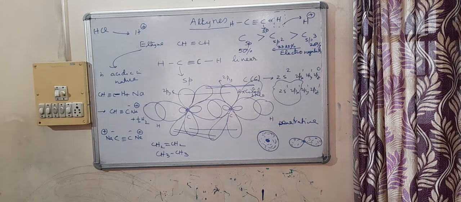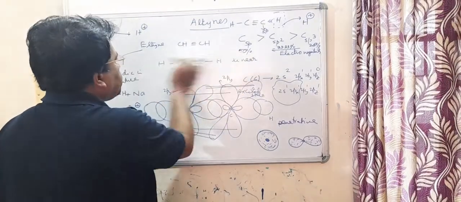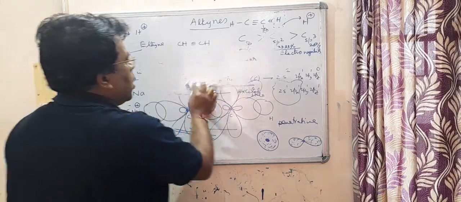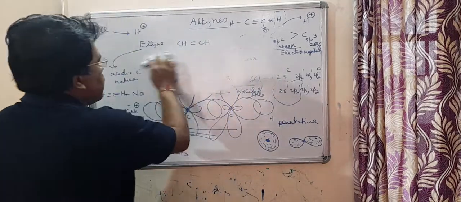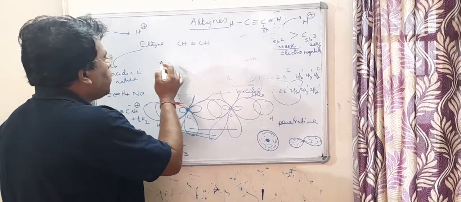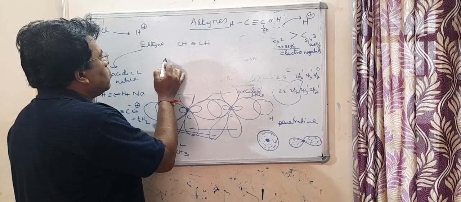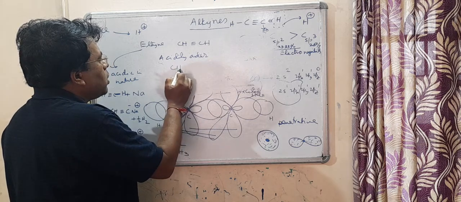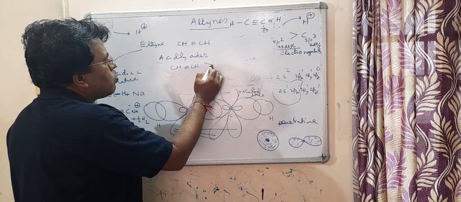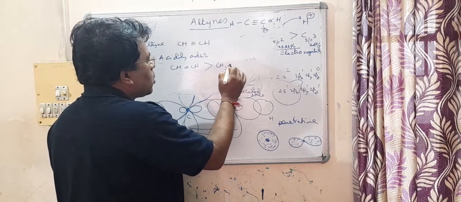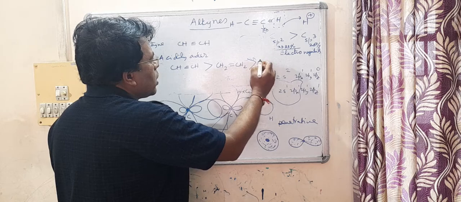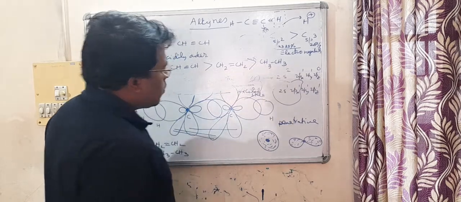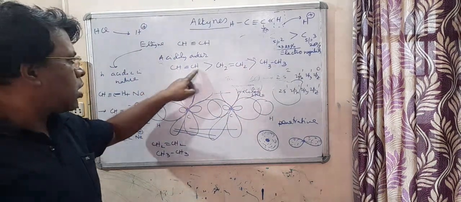So we can write one acidity order: ethyne is more acidic than ethene, which in turn is more acidic than ethane. So these hydrogens are acidic in nature.